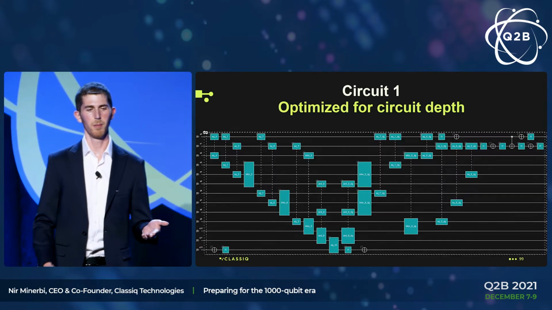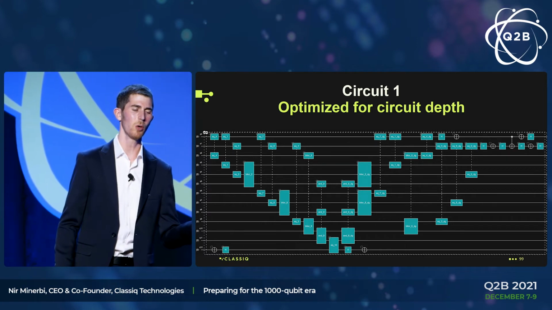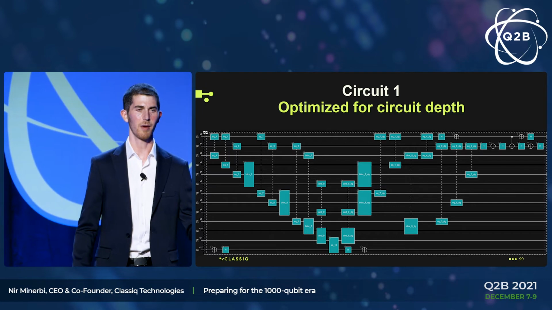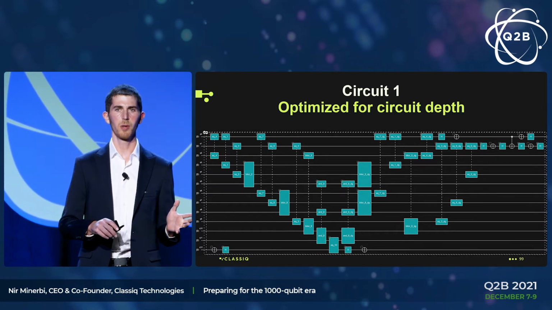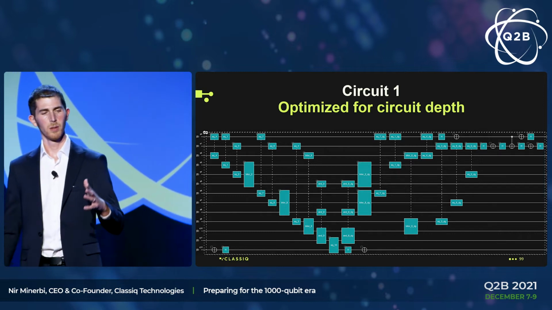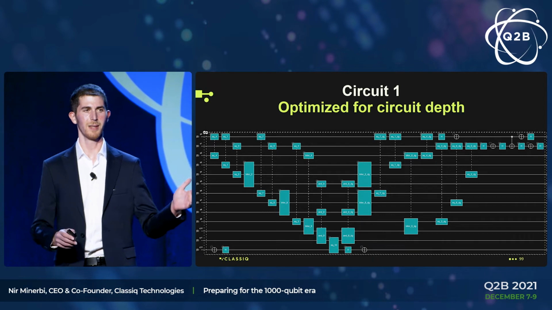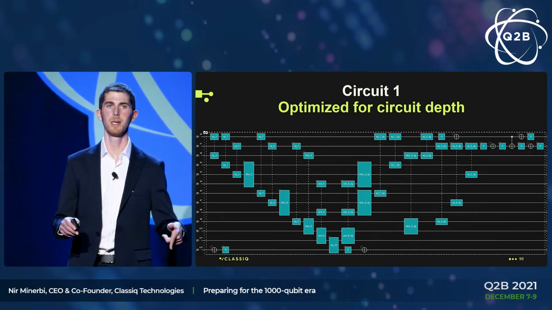And now let's see some real results. All of the circuits that I'm going to show are real circuits that were generated out of this high-level functional model, and each is optimized for different optimization criteria. The first one is optimized for circuit depth. You can't see yet, but you'll see later on that it's quite shallow, but it uses all the 13 qubits I allowed it to.